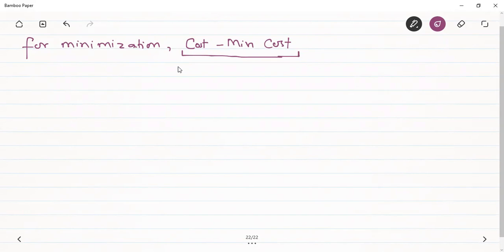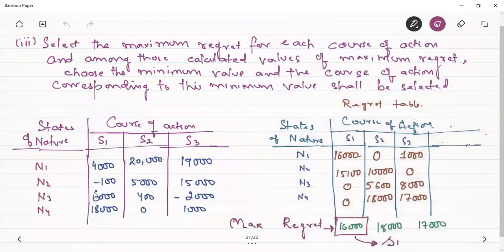The regrets will still follow the minimax regrets. So see how we are going to proceed if this had been the minimization problem.